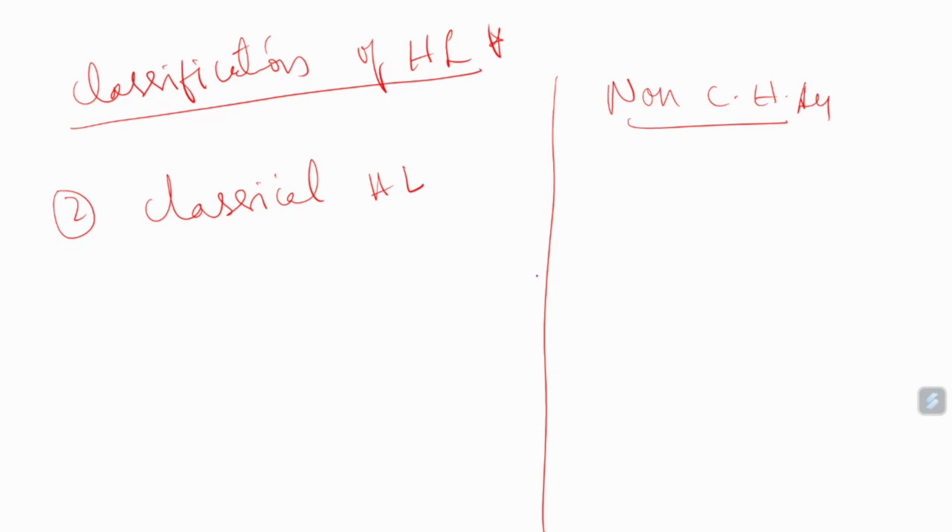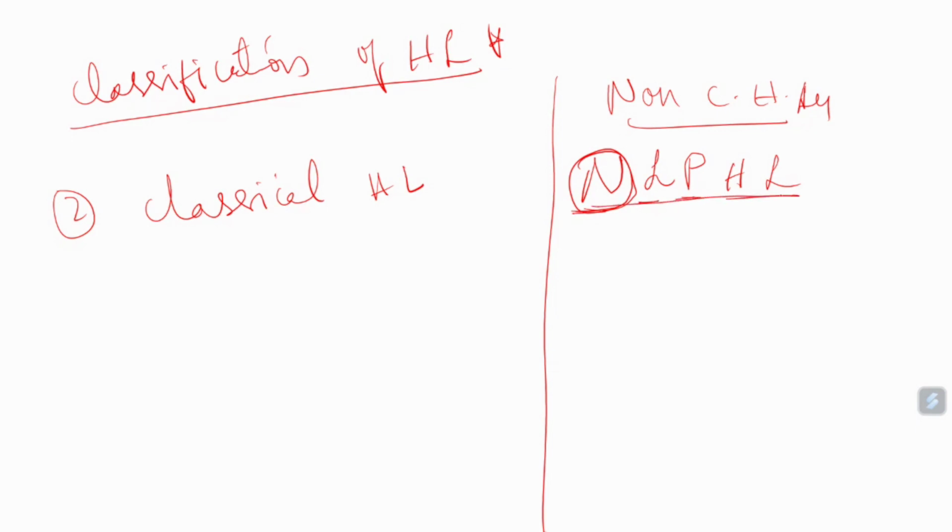This non-classical Hodgkin's lymphoma is also called nodular lymphocyte predominant Hodgkin's lymphoma. Let me repeat: nodular lymphocyte predominant. Nodular lymphocytes are mainly present in this non-classical type.